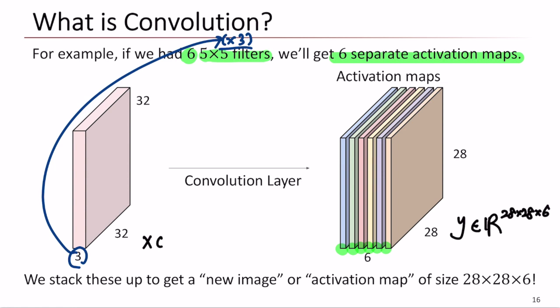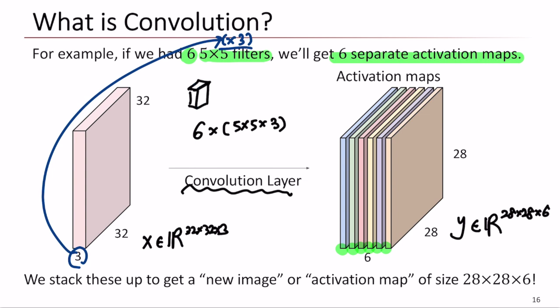If your input was 32 by 32 by 3 with a convolution layer with parameter 6 kinds of 5 by 5 by 3, right? So there are 6 different kinds of 5 by 5 by 3 parameter.